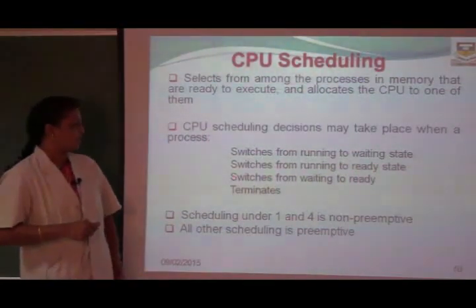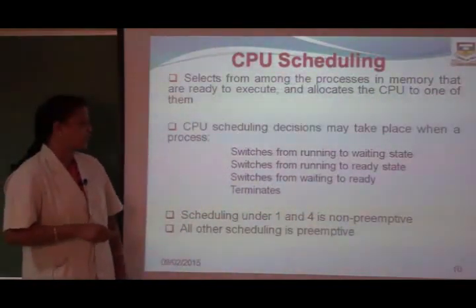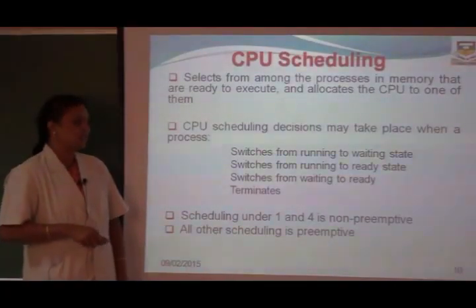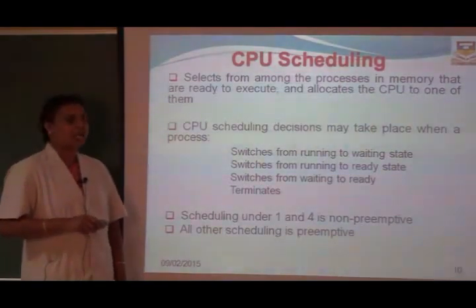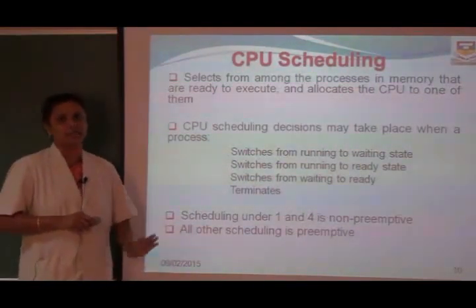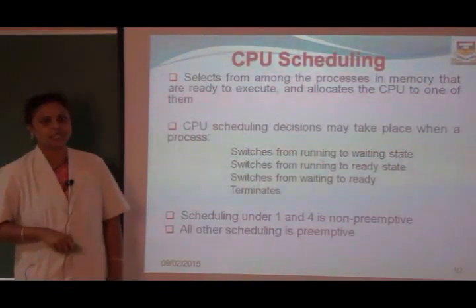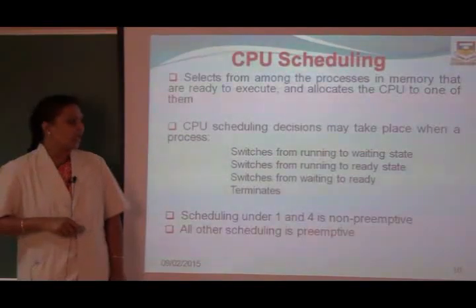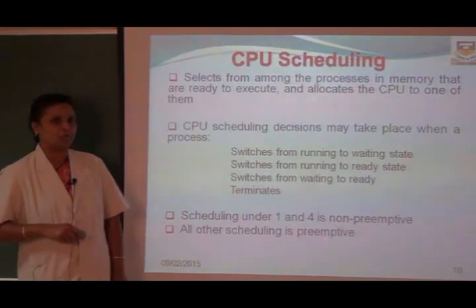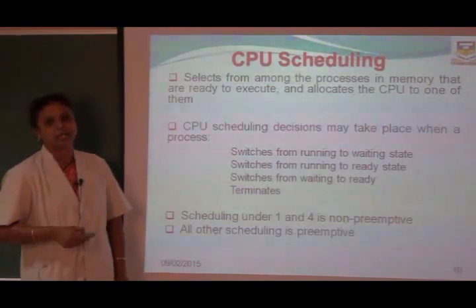Among these, there are two types of scheduling supported. One is non-preemptive and the other is preemptive. Non-preemptive means once the CPU or processor is allocated to a particular process, that CPU can be released only by that allocated process. It cannot be preempted by some other process during that process's execution. But in the case of preemptive, a process is executing on the CPU, but at any time the CPU can be preempted and allocated to a new process.